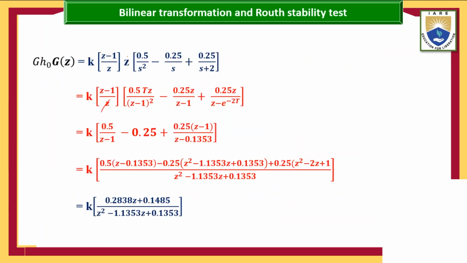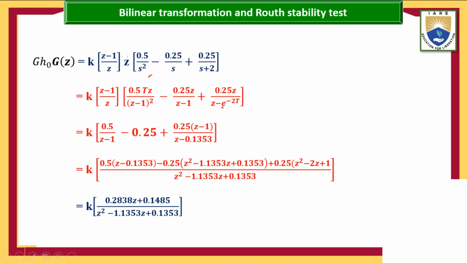So the z transform value is 0.25 into z by z minus e power of minus 2t, with t equal to 1 second. It is the formula for this one.